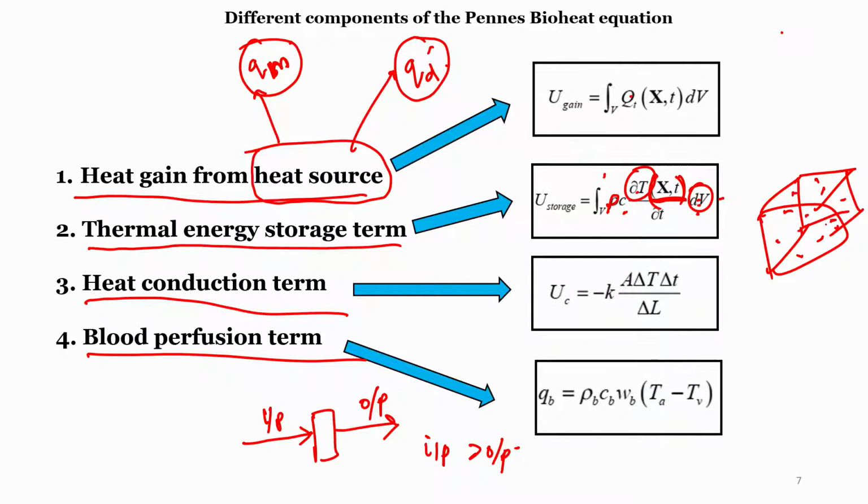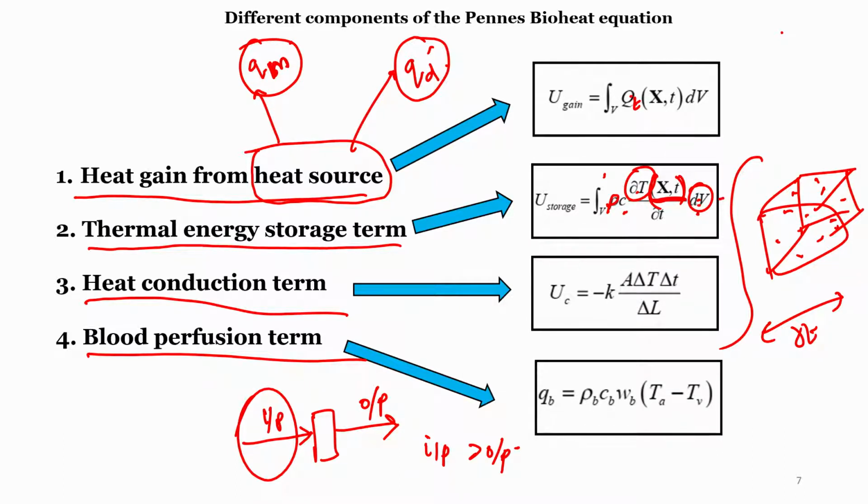Integrating it over all points for a specific period of time dou t, we get the total amount of energy stored, that is this integral. Same thing here: the energy gain is where we integrate only the input part over the entire volume of the tissue. So, we understood the overall two things, which are the heat source and the thermal energy storage term.